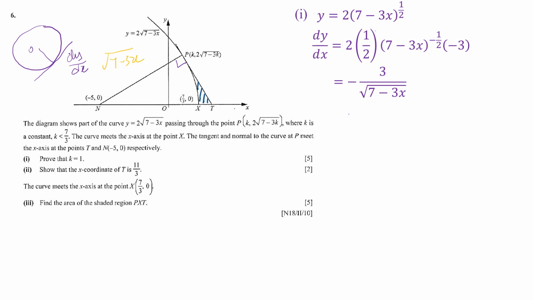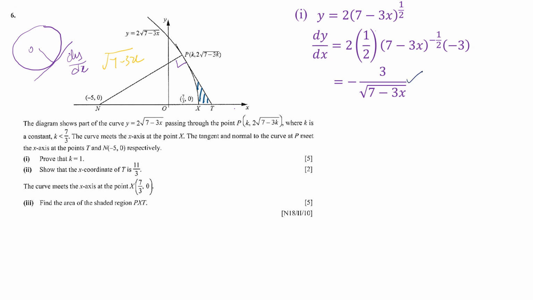And put it back in radical form. This means 1 over 7 minus 3x to the power half means 1 over square root 7 minus 3x. Okay, I'll explain why it is easier to deal with the value in radical form.